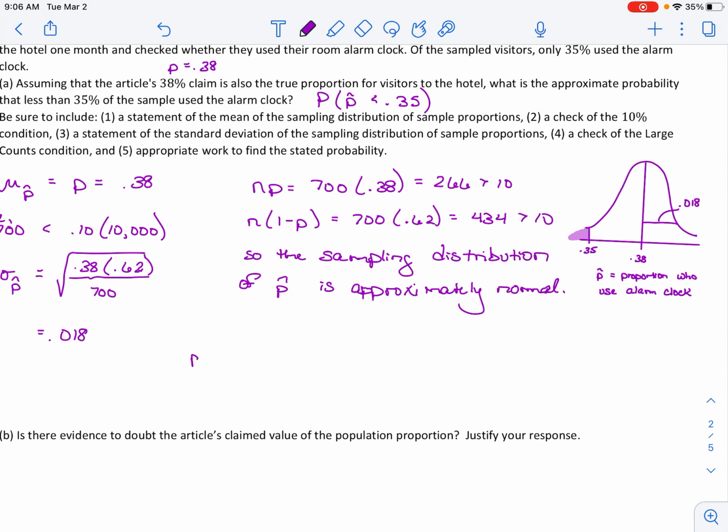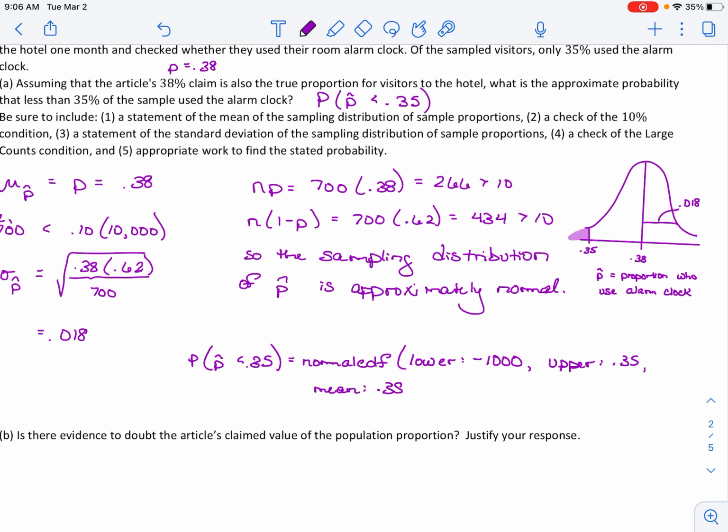So I'm going to note the probability of getting a p-hat value that's less than 35% can be calculated using normal CDF, and I've already written out why I can use normal CDF. And I've shaded to show that I'm never going to stop shading on the left, but at the upper end I'll stop at 0.35.